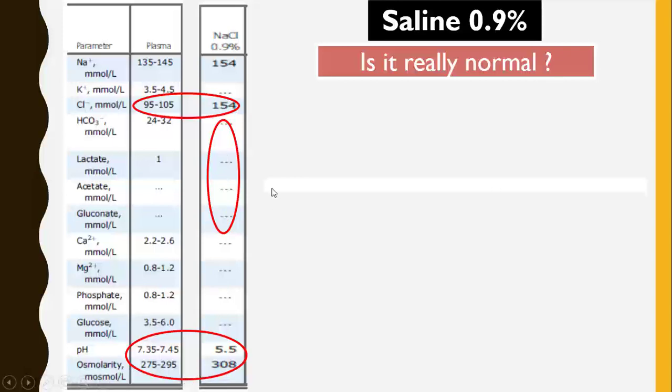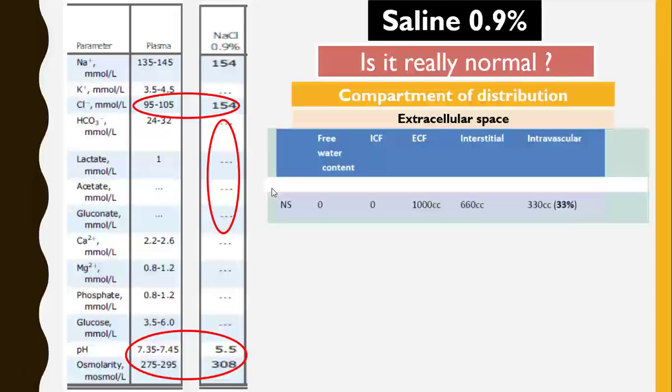So what is the difference, or what's the importance? I will explain in the next part, but let's proceed in a logical manner as we used to do. What is the compartment of distribution of this solution? Isotonic saline. So from isotonic, now I know that it will be in the extracellular space. There is no relation to the cell.